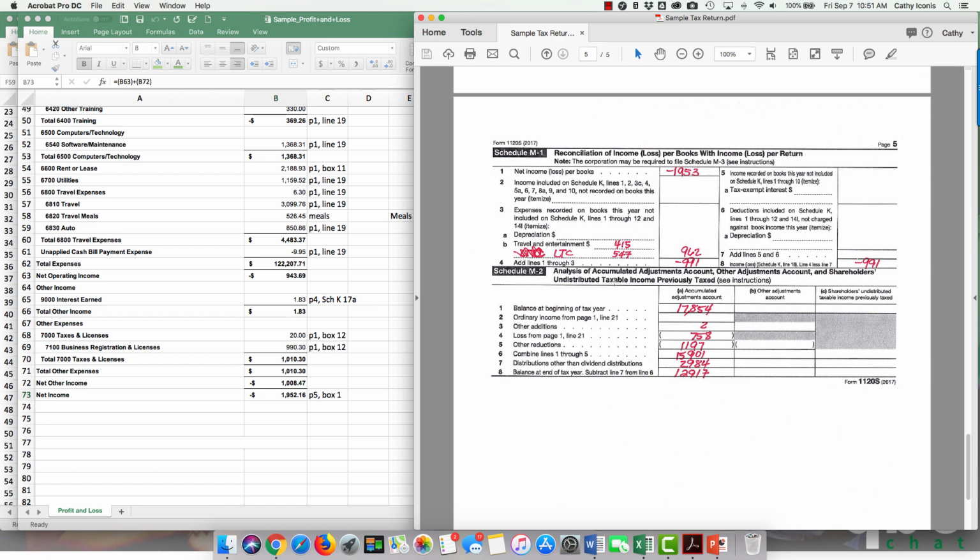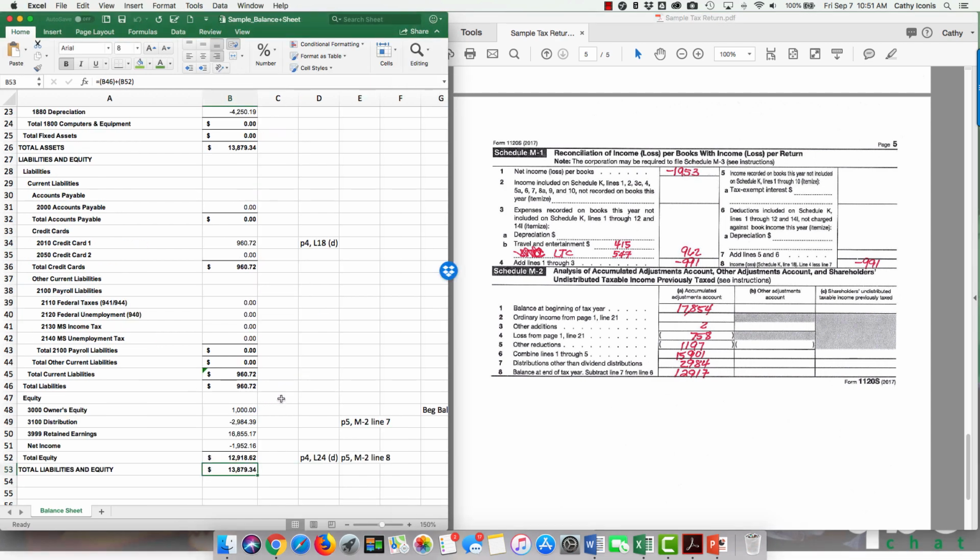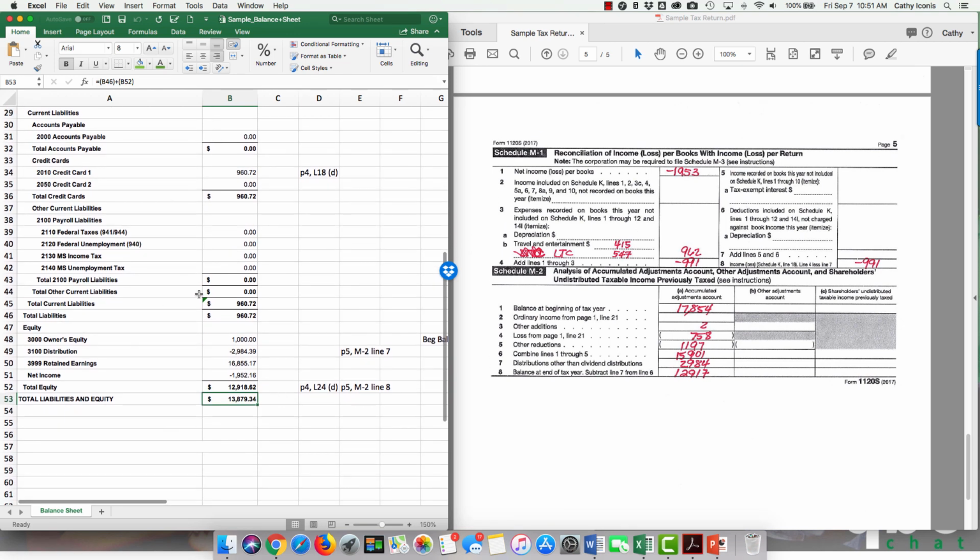Now, when it comes back to the balance sheet, this M-2 is explaining the difference between the equity retained earnings area of the balance sheet to what we're showing on the tax return. So if I come back over here, it gives the flow through for the year. We have the balance at the beginning of the tax year, 17,854, right? We have other additions, loss from page 1 of line 21, which is the 758.